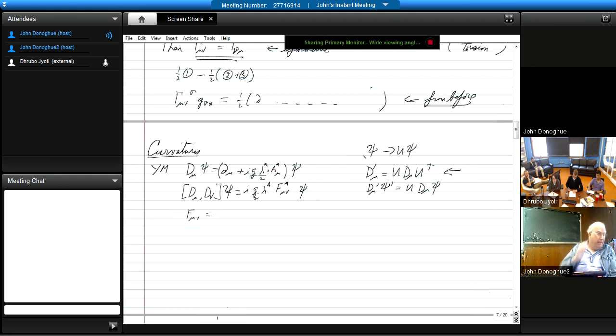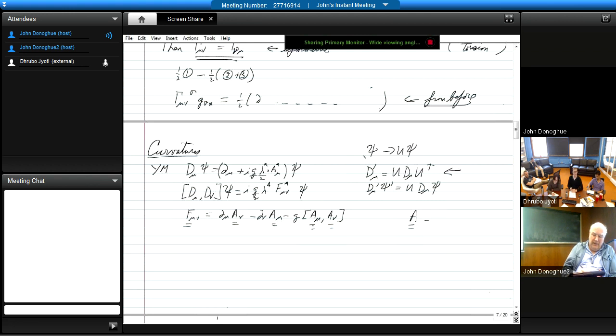And F mu nu was d mu A nu minus d nu A mu minus g A mu A nu. And actually this is the matrix notation that I started using back then.